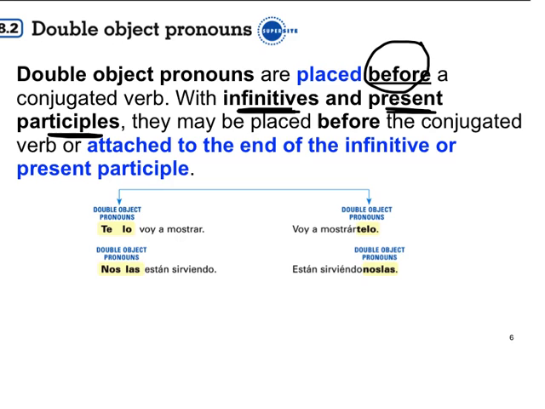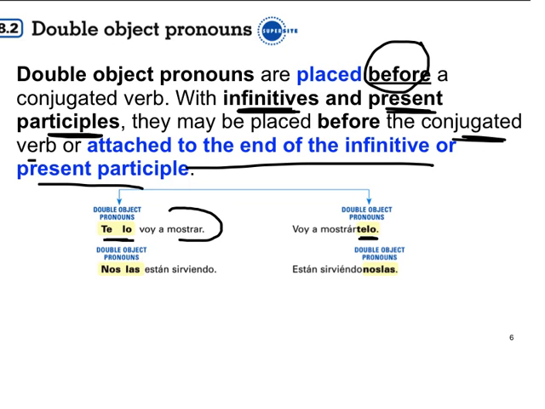So they may be placed before the conjugated verb or attached to the end of the infinitive or the present participle. Te lo voy a mostrar and voy a mostrártelo is the same thing. Some people prefer to put it before the conjugated verb. Some people prefer to attach it to the infinitive. Here's the infinitive right there.